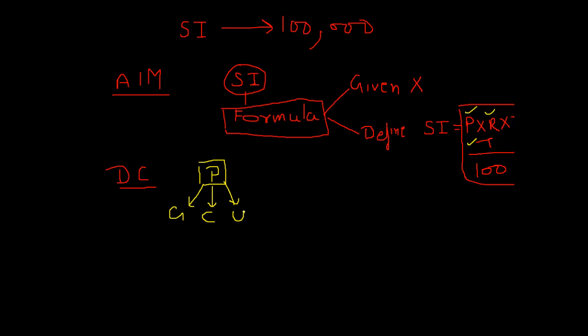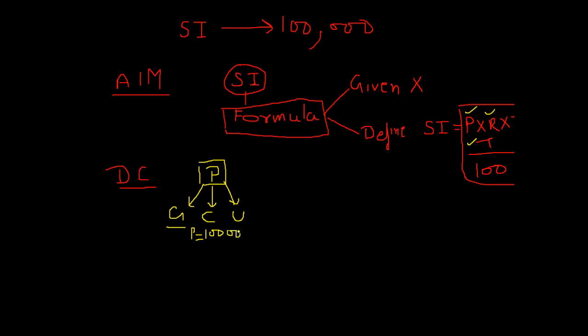As you see in our question, it says write a program to find simple interest on amount 1 lakh. So the value of principal amount is given to us, and it is 1 lakh rupees.